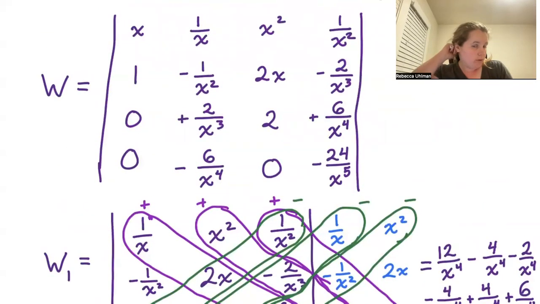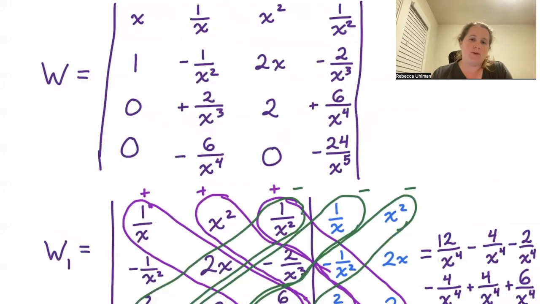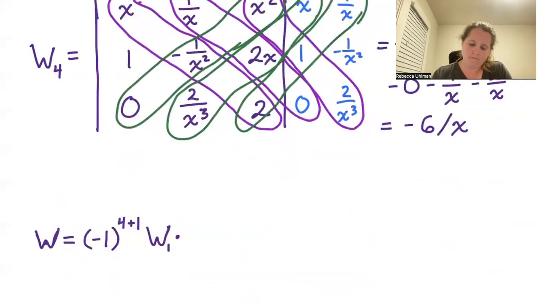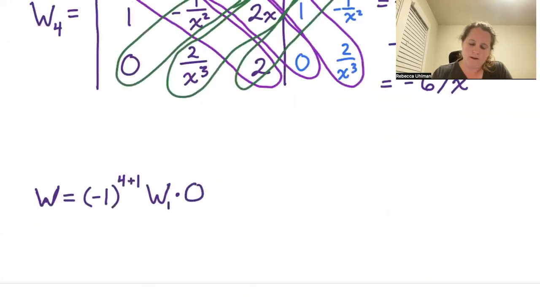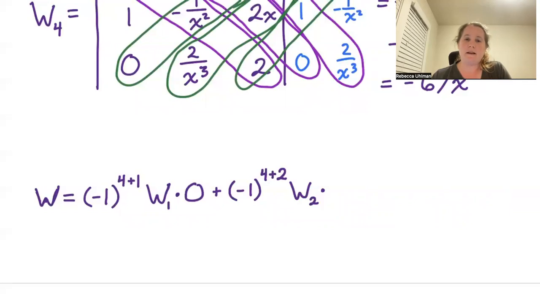The fourth row, first column is 0, so we would multiply by 0. Then we would add on negative 1 to the 4 plus 2, that's n plus j, times W2, times what is in the last space of that second column, which was negative 6 over x to the fourth.